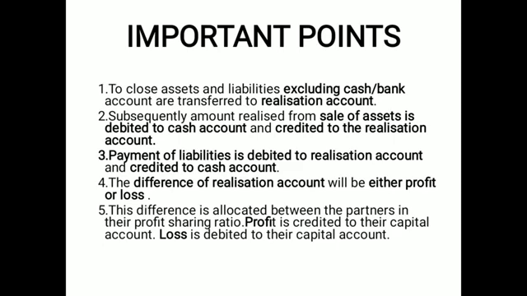Similarly, the amount of difference on balancing realization account is profit or loss again. Profit or loss, whatever the case is, it is to be transferred to partners' capital accounts. If it is profit, it is to be credited to the capital accounts of partners. If it is loss, it is to be debited to their capital accounts.